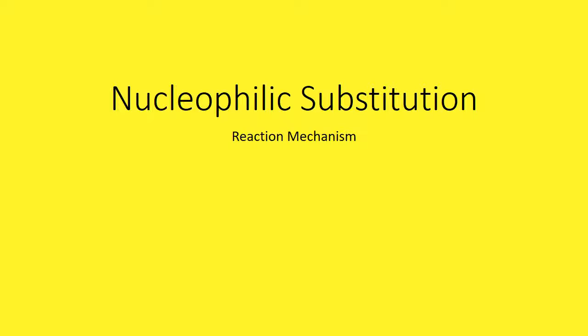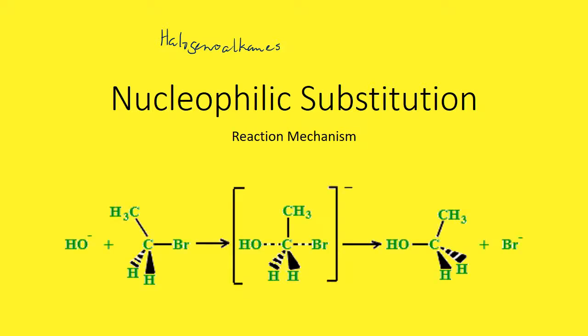So we need to understand the reactions of halogenoalkanes and how they react with nucleophiles is this nucleophilic substitution reaction mechanism, an example of which is here.